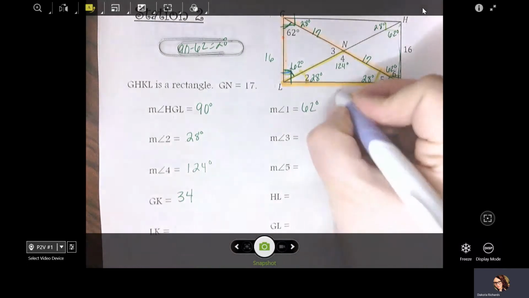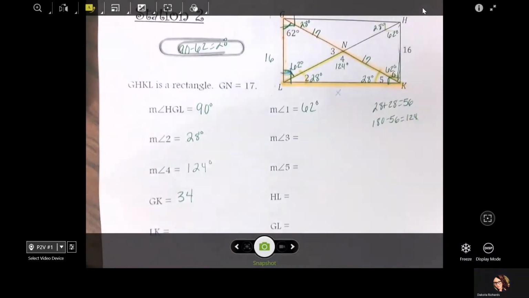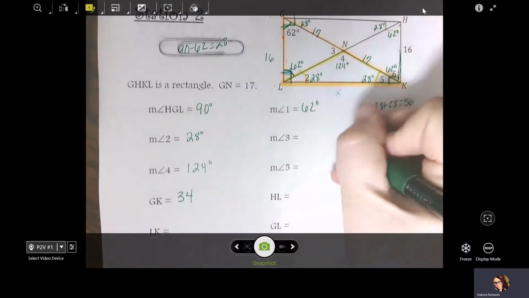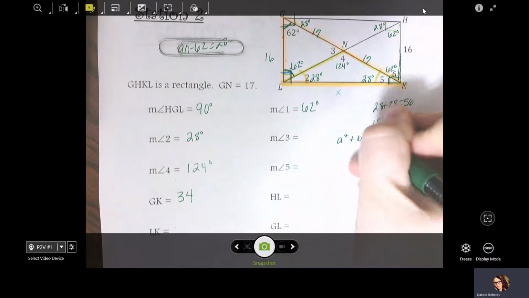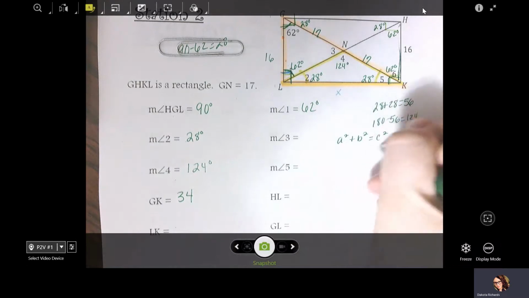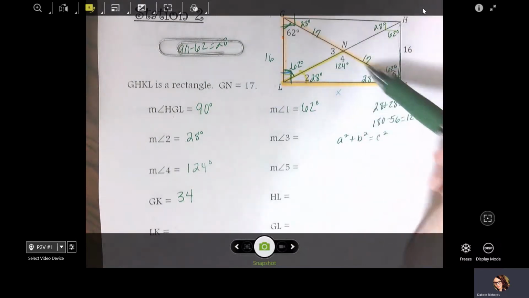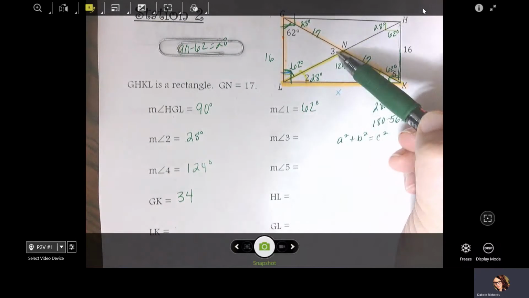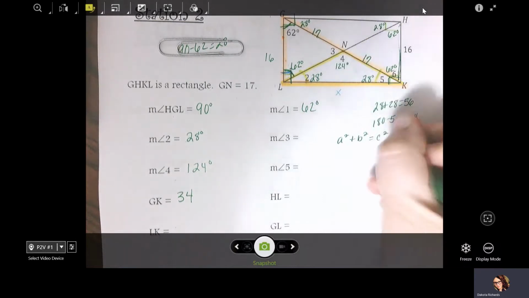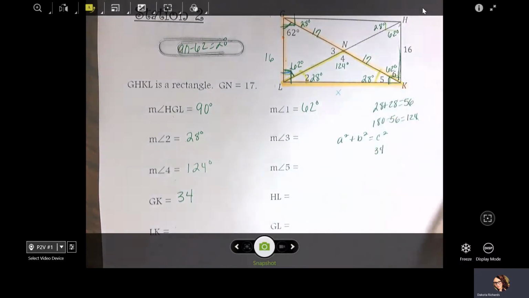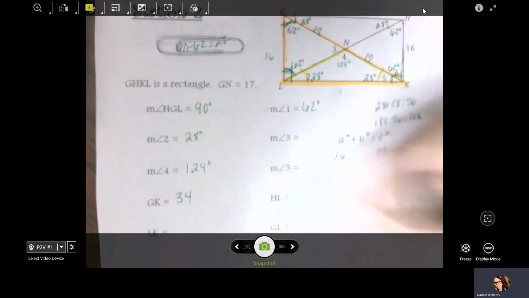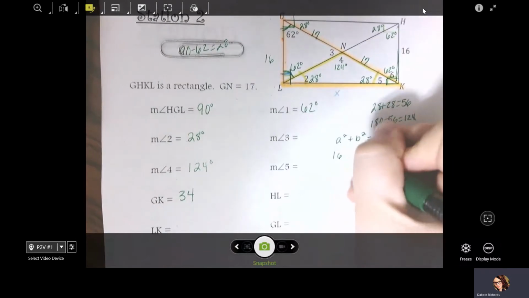We'll call this X. So let's use the Pythagorean theorem. It says a squared plus b squared equals c squared. C is your hypotenuse, your longest side across from that 90-degree angle. So that hypotenuse is just 34. One of our legs is 16, and the other leg is x.